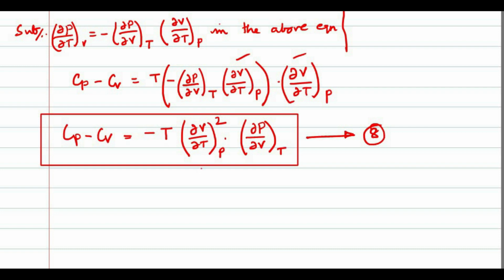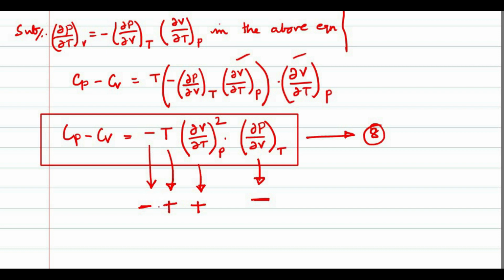If you see from this equation, the term dou V by dou T at constant pressure the whole square is always a positive one, because whatever value you get, you are putting a square, so it will definitely be positive. And dou P by dou V for any substance will be a negative one. Temperature will always be positive, and here a negative sign is in the formula.